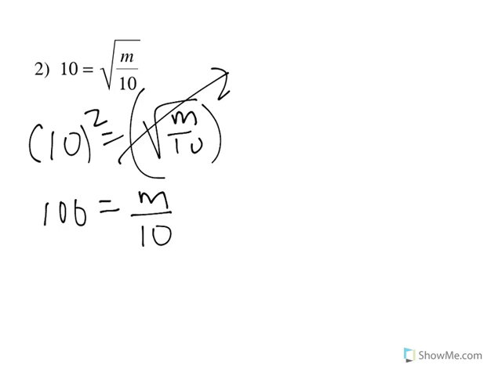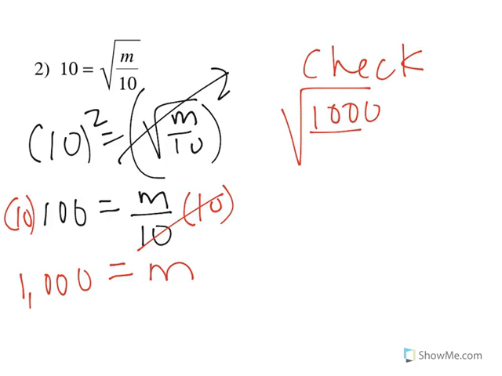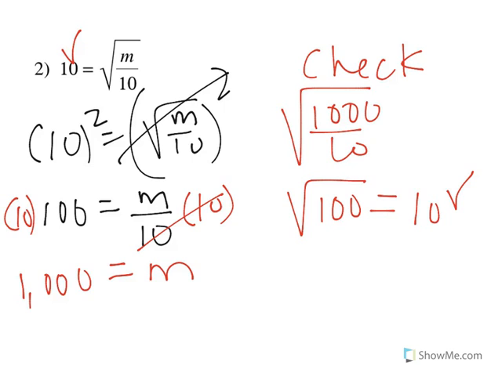To solve for it, we multiply both sides by 10, so m equals 10 times 100, which is 1,000. To check our work, we take the square root of 1,000 over 10, which gives us the square root of 100, and the square root of 100 is 10, which is the same as the original.